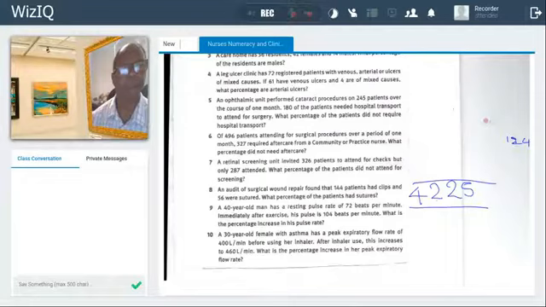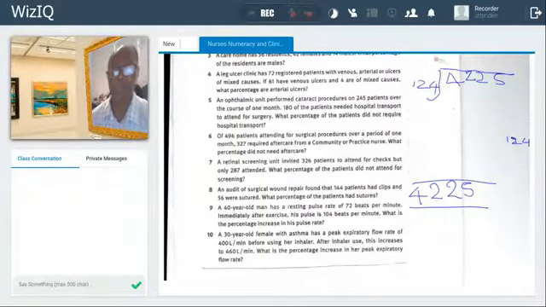Okay. So I have 4, 2, 2, 5. I'm going to divide by 1, 2, 4.